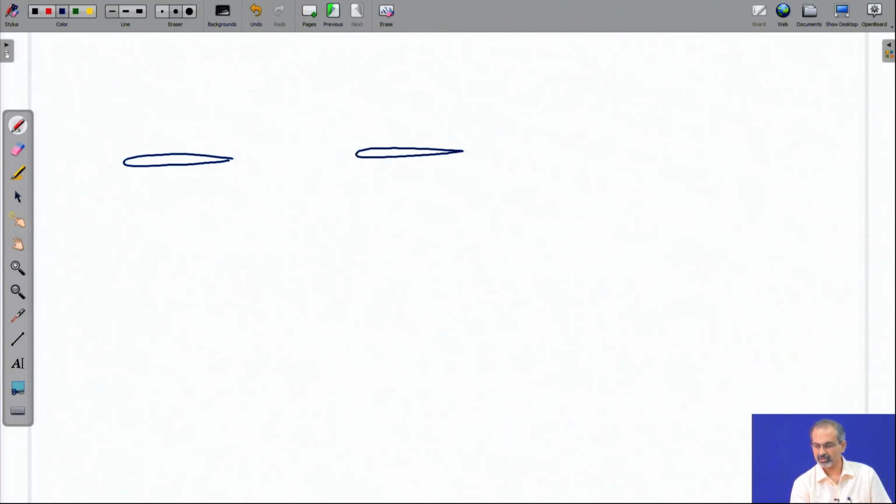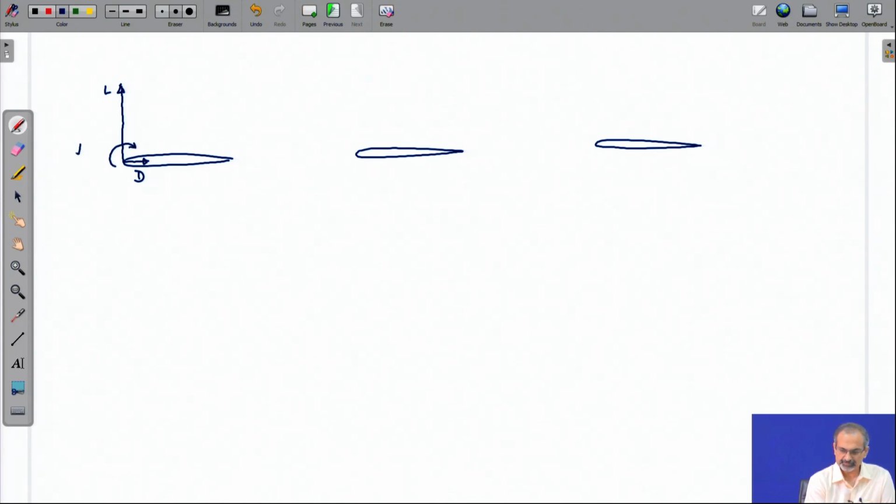It is the same airfoil at the same angle of attack, the same free stream velocity, therefore, the same pressure and shear stress distribution. So, all the three cases are identical, only difference is how we look at the location of the forces that are produced. So, in one case we are considering that the forces are acting at the leading edge, and correspondingly there is a moment about the leading edge.